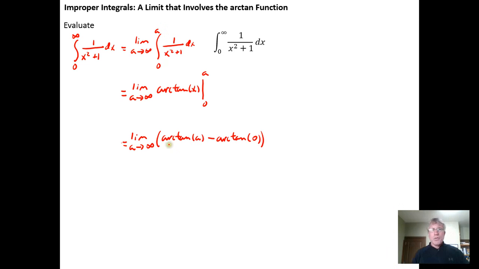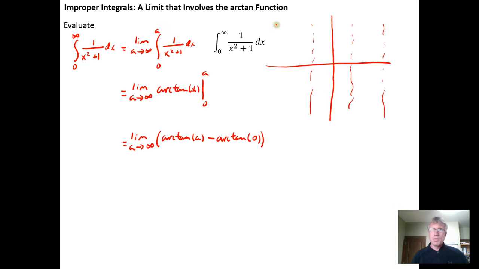And if this feels awkward to you because it's the arctangent function, you just need to review what you know about the tangent function from your work that you did in trigonometry. So let's think about the tangent function. The tangent function had vertical asymptotes that repeated themselves infinitely many times. So I'll do three periods. It went like this, it came up through the origin like this, it came up through the origin like this.